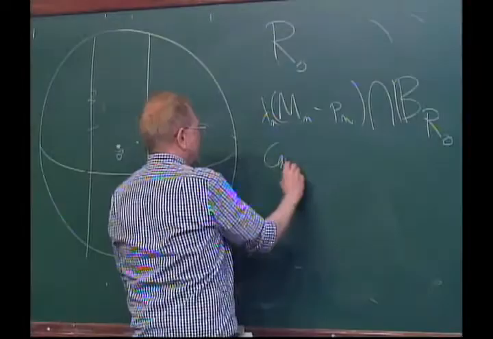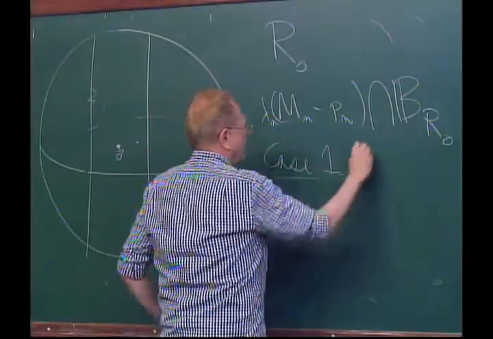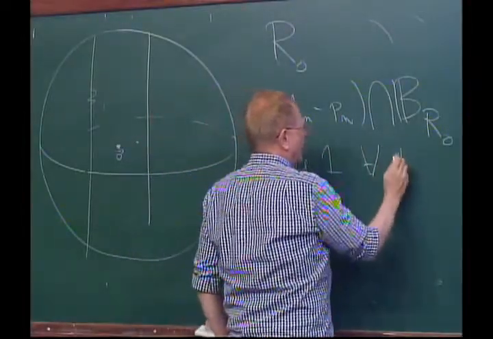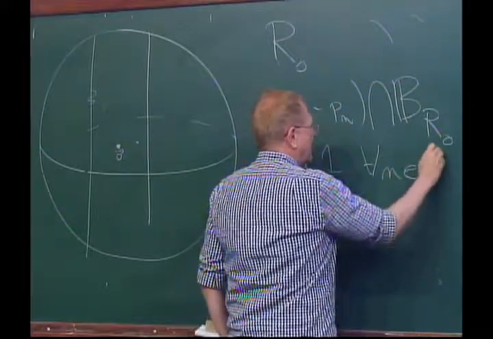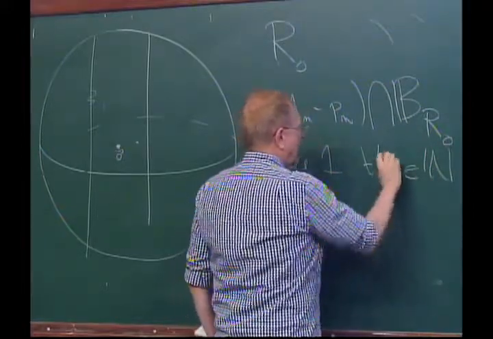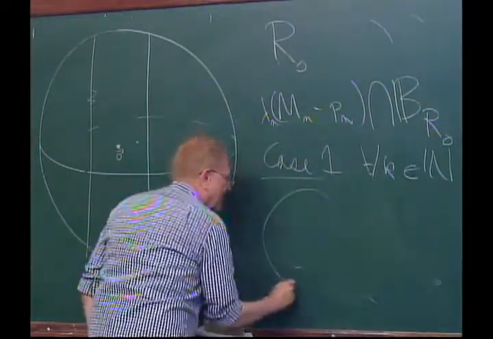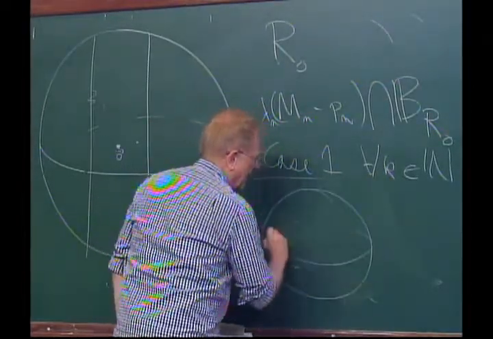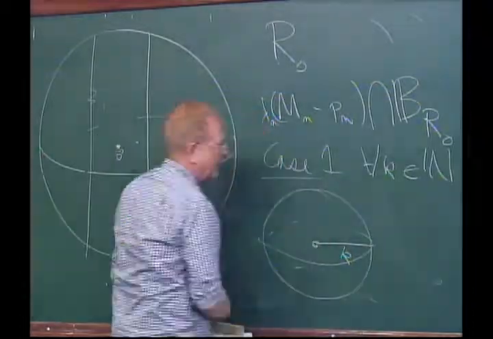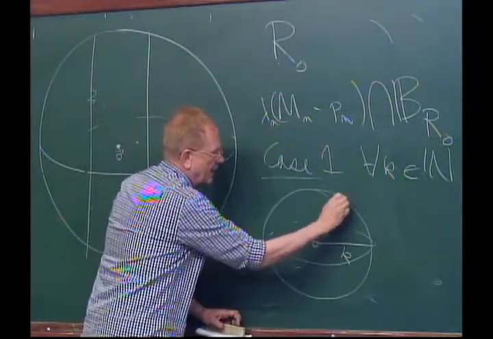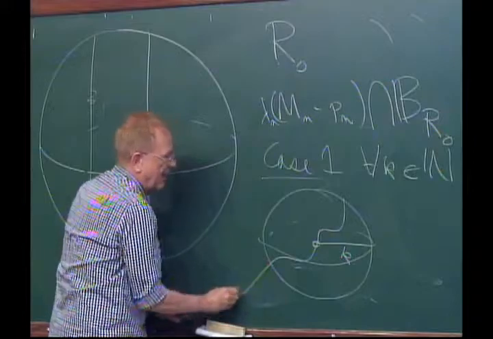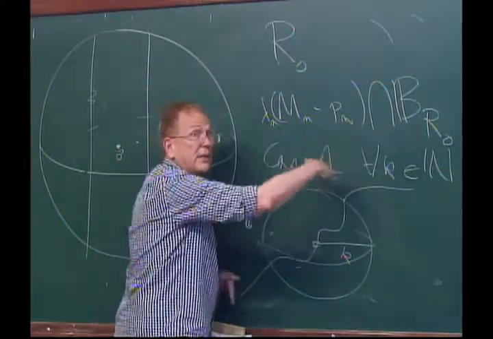Yes, Harold? I don't explain that very well. Yeah, let me do that a little bit better. Okay, so case 1. For all k and n, you look at the ball of radius k, and you look at the component of M_n that goes through here. Remember, M_n's boundary is going to be on the ball of radius n.